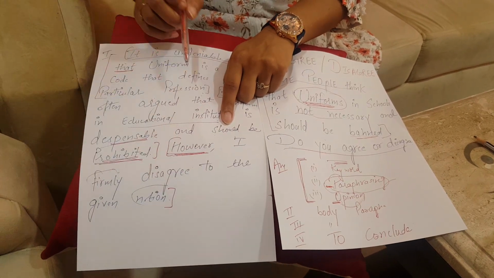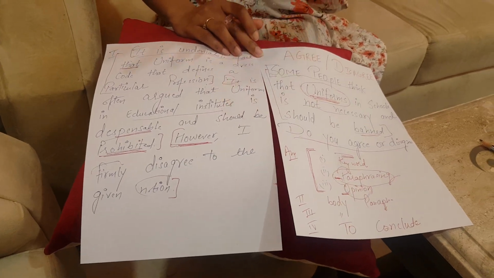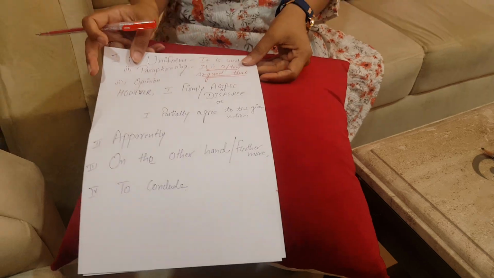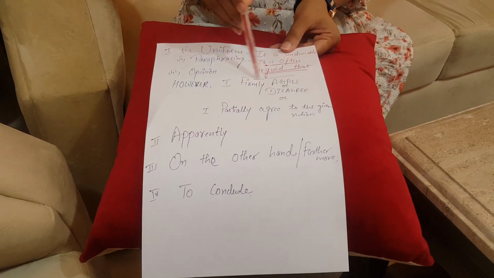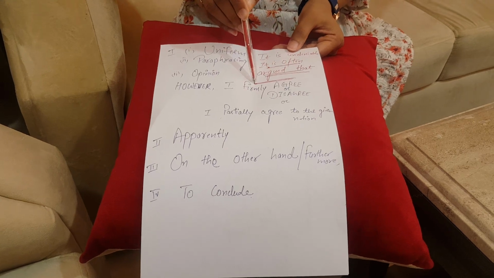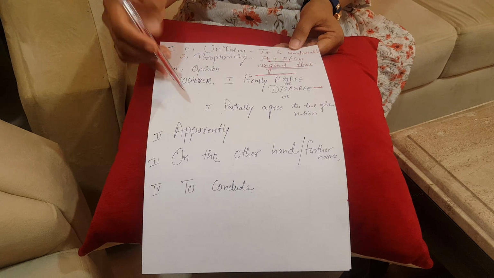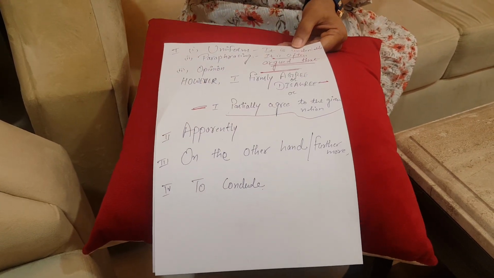Firmly means strongly. Notion means statement. There are three options for you. Either you can use I firmly agree, or you can say I firmly disagree, or you can say I partially agree to the given notion.